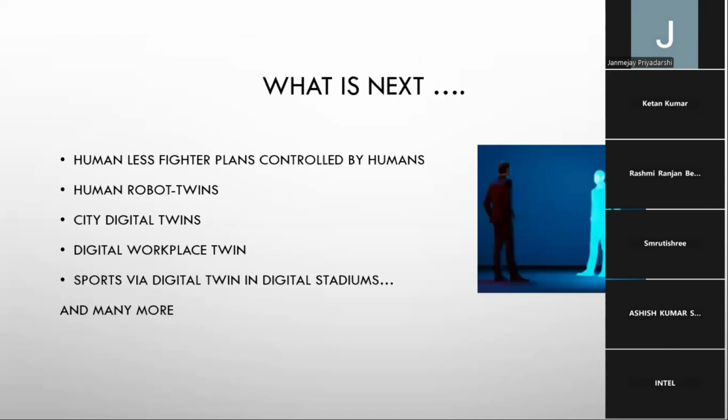What next? Do we just do all this stuff, or is there anything in the future? Yes, the future is very different. Maybe by 2050, you will find a digital twin of yourself. We call them human robot twins. He'll behave like you, talk like you, and whatever you do, he can also do.